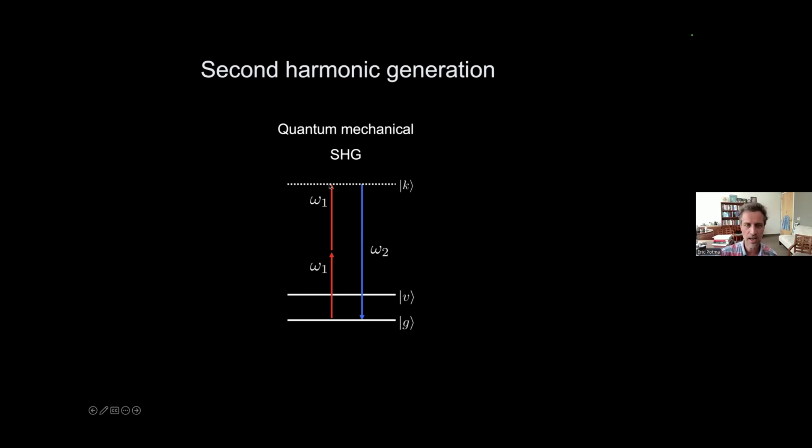And then you see a dotted line here. This dotted line means there's no real state of the molecule here, okay? No real state of the molecule. I just call it K, but this is called a virtual state. So what happens in second harmonic generation is that I have two photons that I stack on top of one another, and their combined energy is hitting something, but there's nothing there, okay?